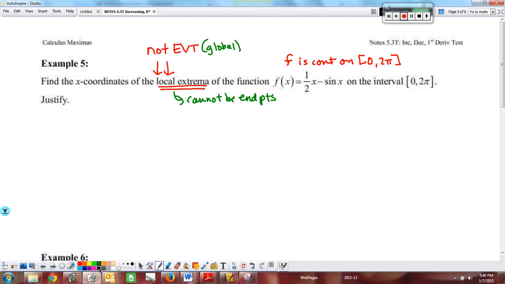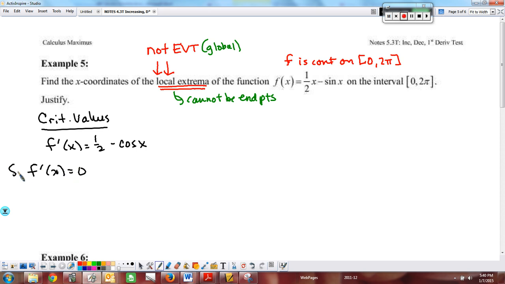So since we have a continuous function, we're going to look for our critical values first. Our critical values, we find the derivative, f prime of x, 1/2 minus cosine of x. You want to find your critical values, you have your options. You want to know when is f prime of x equal to 0.